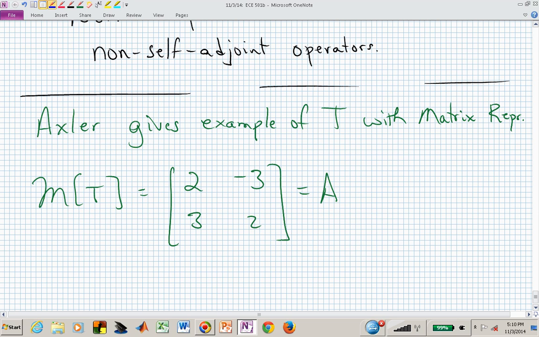Self-adjoint means the matrices' transposes at least have to be the same, right? If they're real, because the complex conjugate doesn't do anything. So we need the transposes to be the same, and A is not equal to its transpose. This is now not self-adjoint.